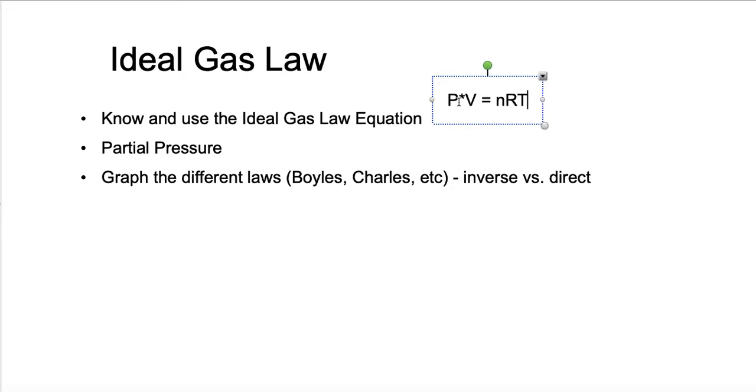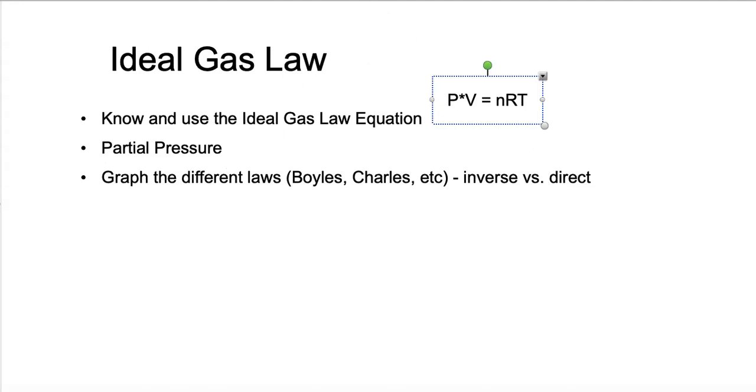You should know all of those. I would have the value for R written down, and that P is usually in atmospheres, V is in liters or milliliters, n is in moles, R is, oh boy, I'm drawing a blank with what that is, and temperature in Kelvin.